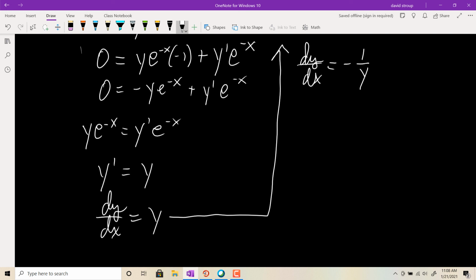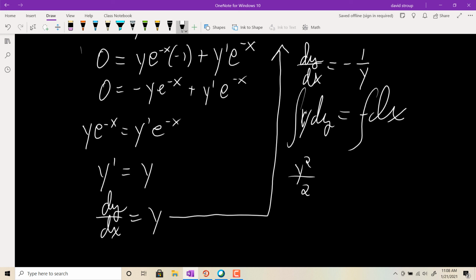Okay, so separate it. I'll end up with y dy equals negative dx. Keep that constant on the right side. Integrate: y squared over 2 equals negative x plus c. And if you want to get rid of the fraction, y squared equals negative 2x plus 2c, but then you can replace 2c with c.